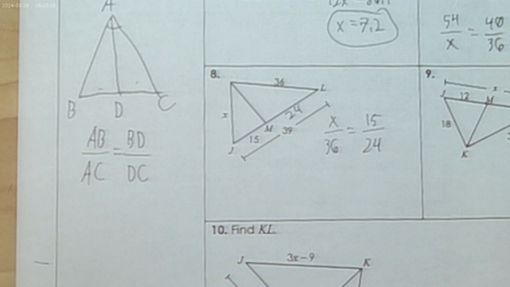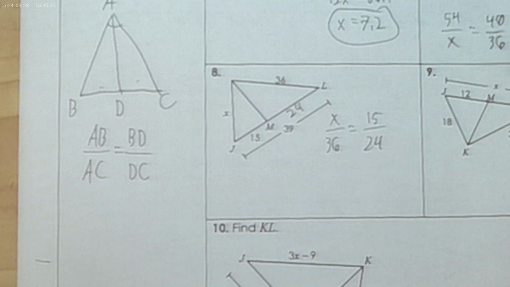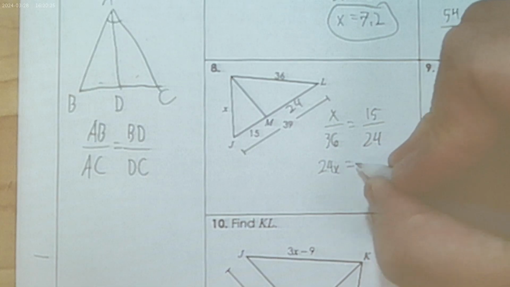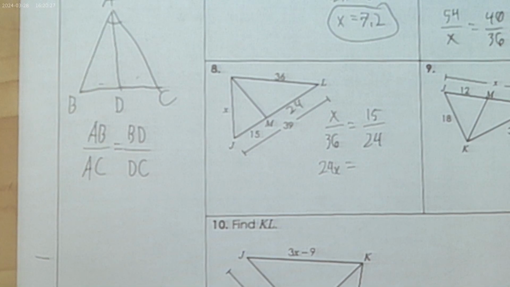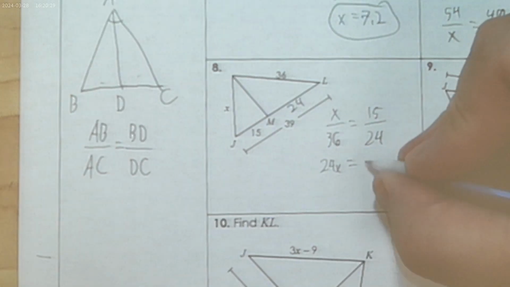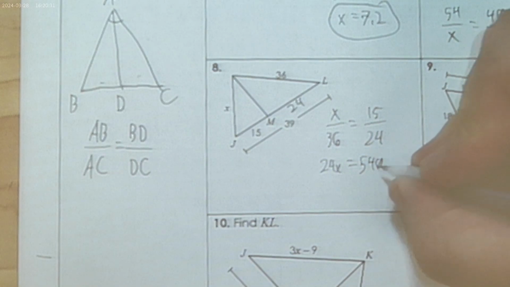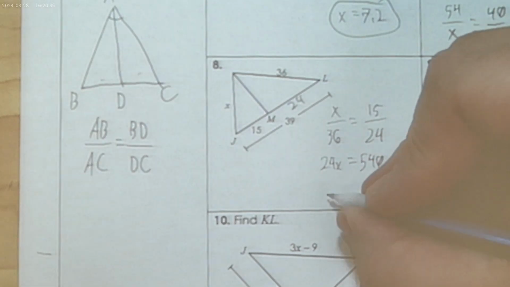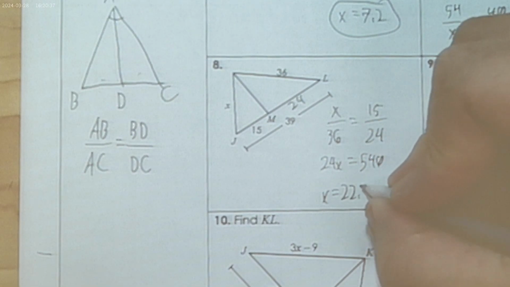I'm just making sure that I'm doing the same thing over with all the other problems. So that gives me 24x equals 36 times 15, 540, divided by 24, x equals 22.5.